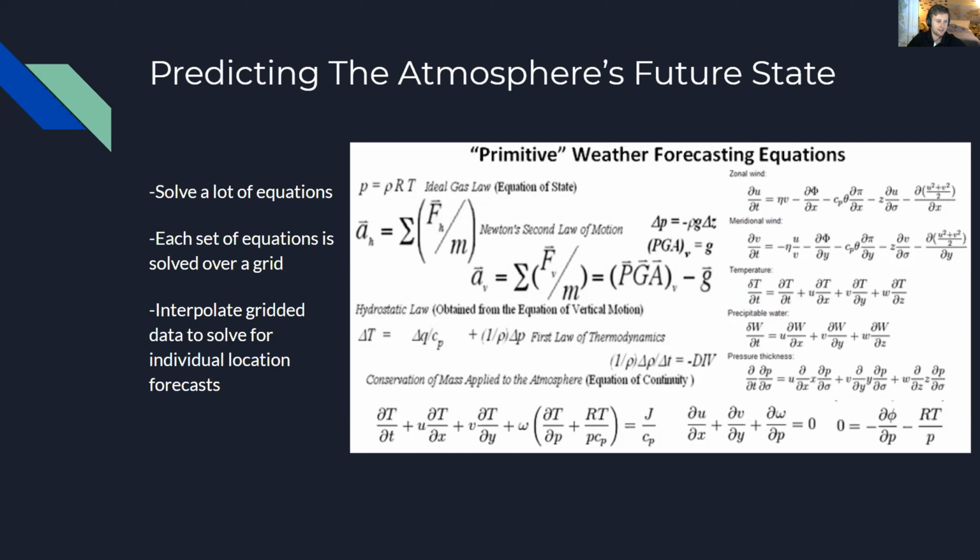But you can think about that as every time, if you look over here in the zonal wind equation, you'll see this U squared thing. It doesn't matter what U is, but if you imagine squaring something over and over and over again. Suppose that you're supposed to be squaring 2 over and over again. You get 2 squared is 4, 4 squared is 16, 16 squared is, I don't know, 256 or something.